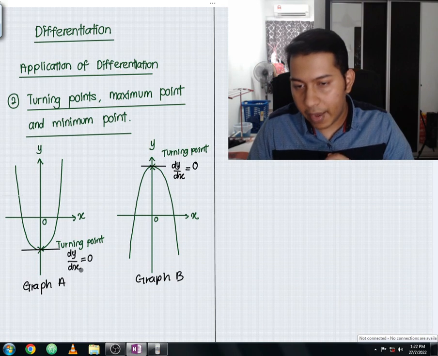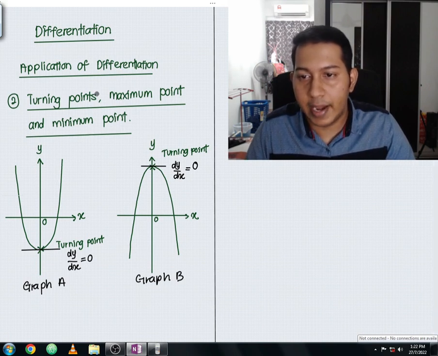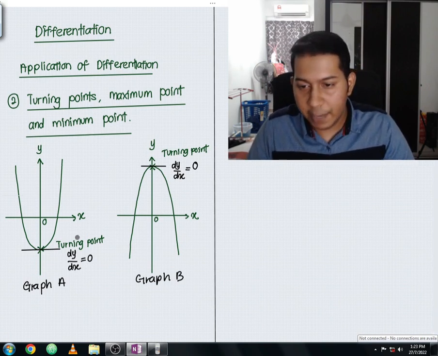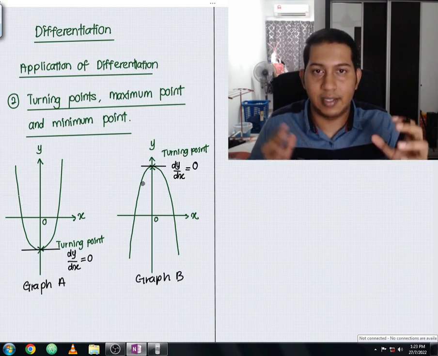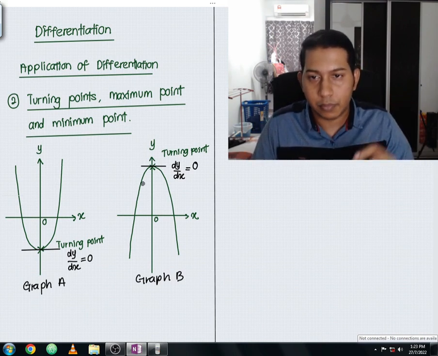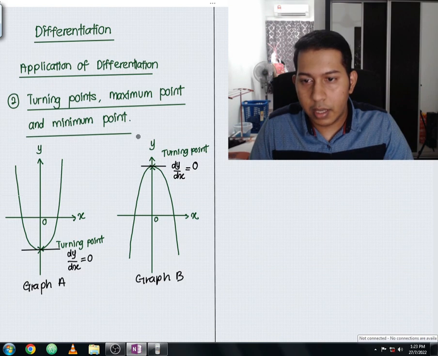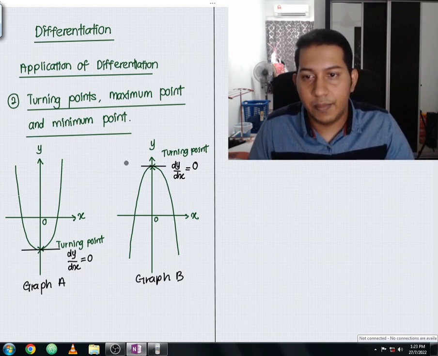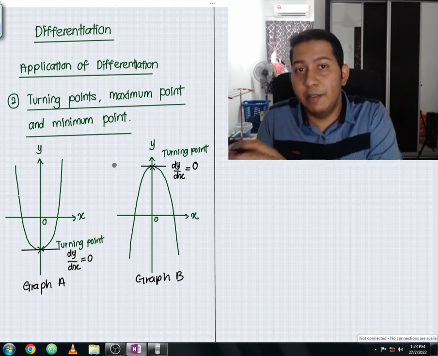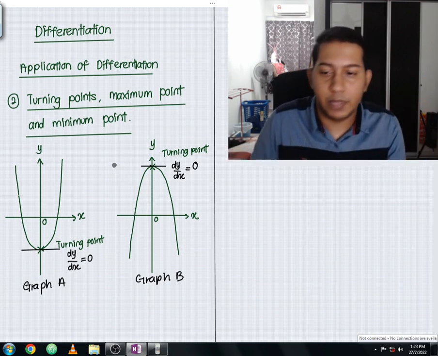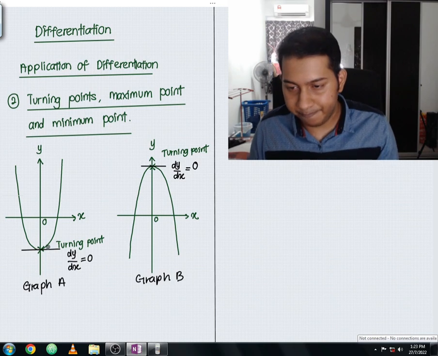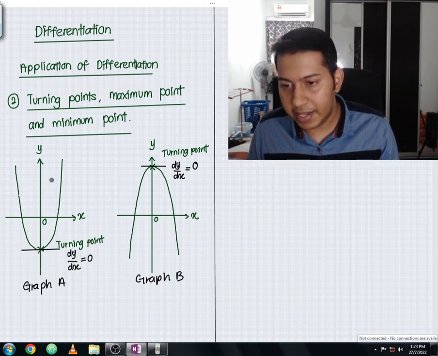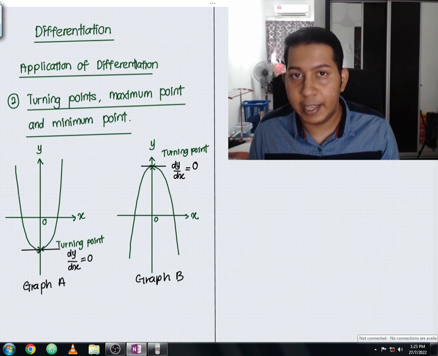As you can see here, you have maximum point and minimum point. Even though these two graphs have turning points, they have their own special points. This will determine whether it is a maximum point or a minimum point. Let's take a look at graph A. As you can see here, it's showing a minimum point.